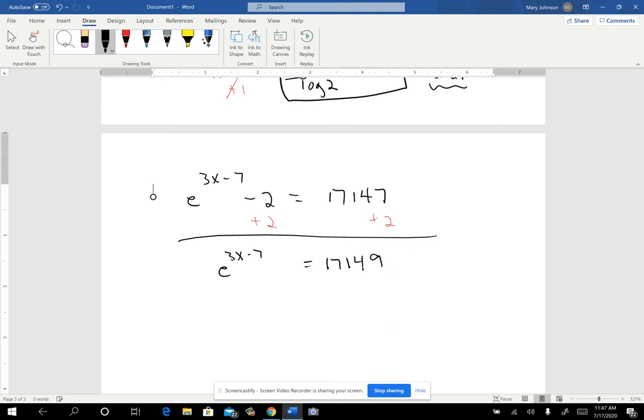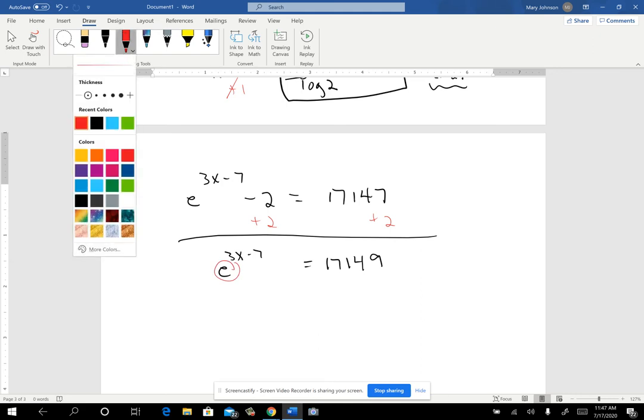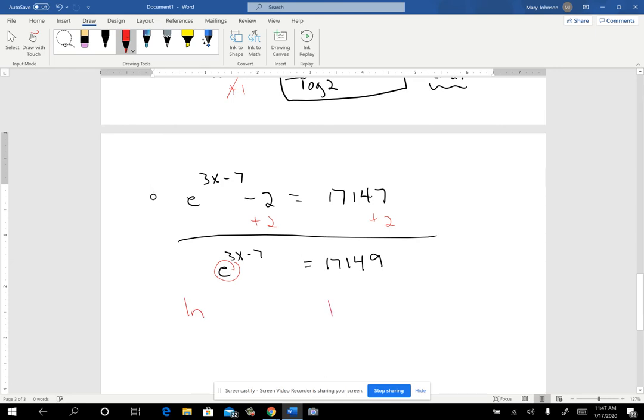Okay? Now, at this point, I want to log both sides, but I can save myself some work because this is base e, and that's the base for the natural log. So if I natural log both sides, I can save myself some steps.